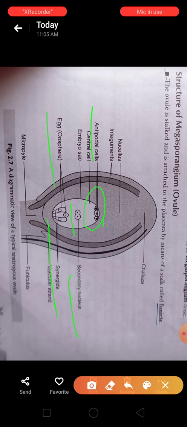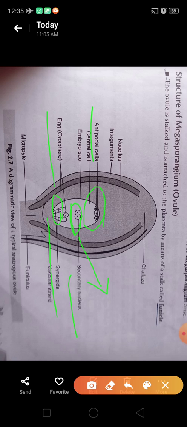So children, what happened in this? The pollen grain that lands on the stigma has two male gametes. One male gamete comes in contact with the secondary nucleus and forms the primary endosperm nucleus. And the other male gamete comes in contact with the egg cell and they form the zygote.